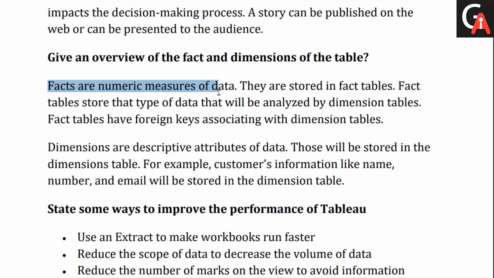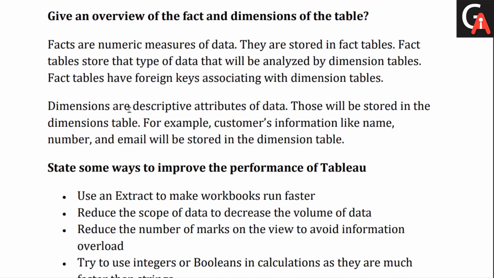Facts are a numerical measure of data. They can be stored in a fact table. A fact table stores the type of data which will be analyzed by the dimension table. The fact table has foreign keys associated with the dimension table. On the other hand, dimensions are the descriptive attributes of data whose values will be stored in the dimension table.